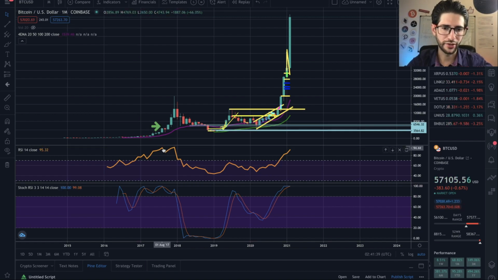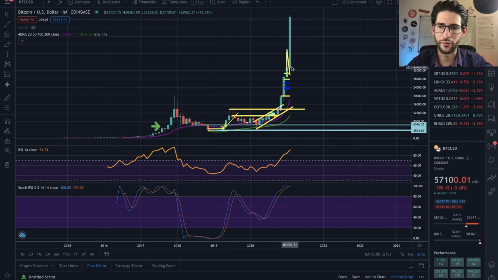We are getting into the extended RSI zone of over 90 right now. Our conversion into the stock RSI is already closing here. So I think we may have a red month after this, and then enter into our parabolic bull market zone.